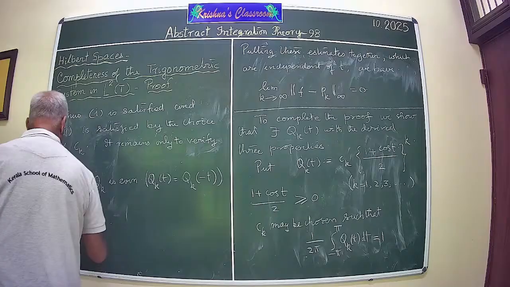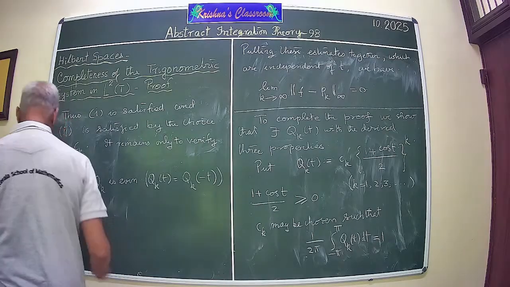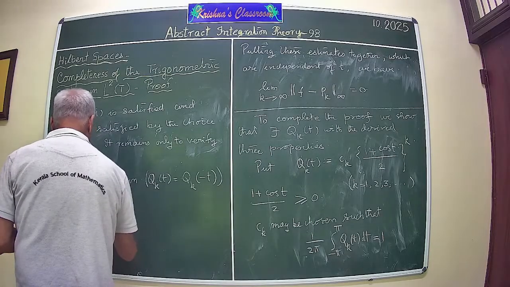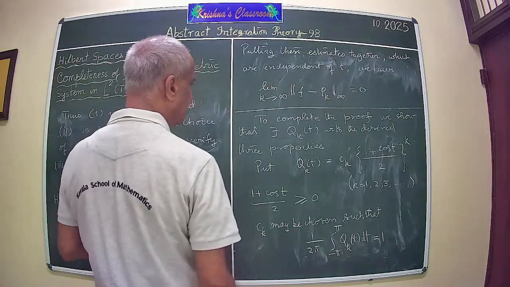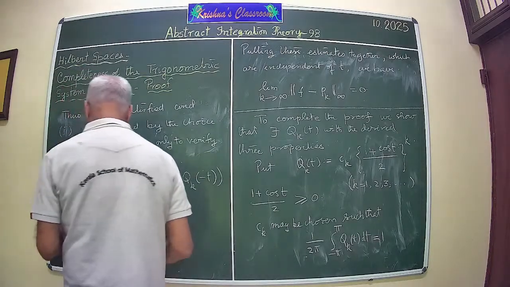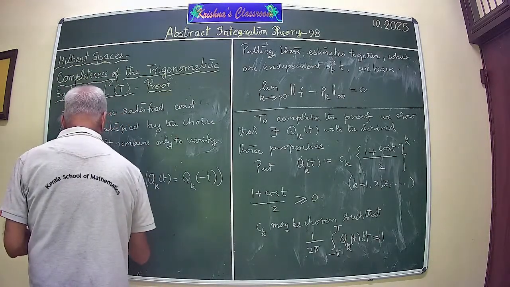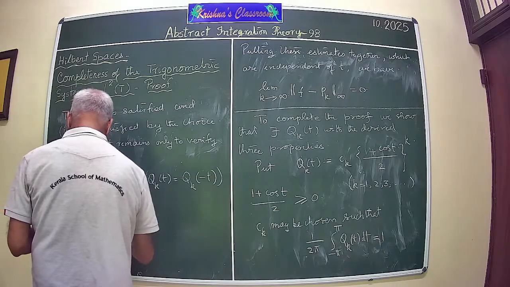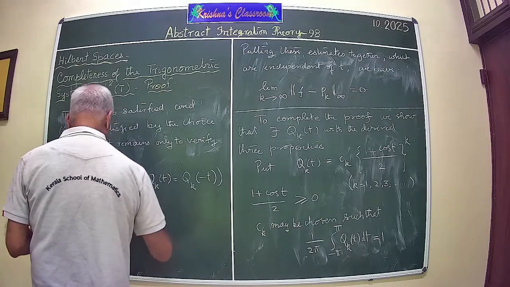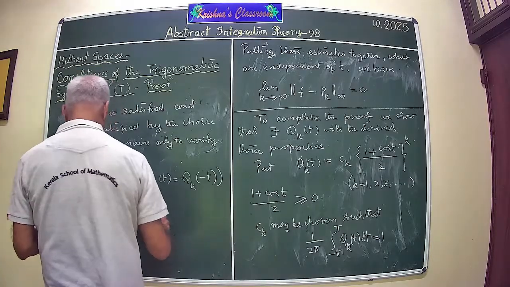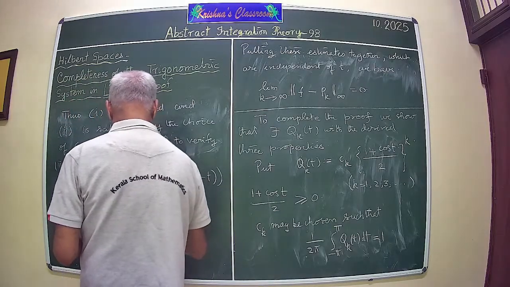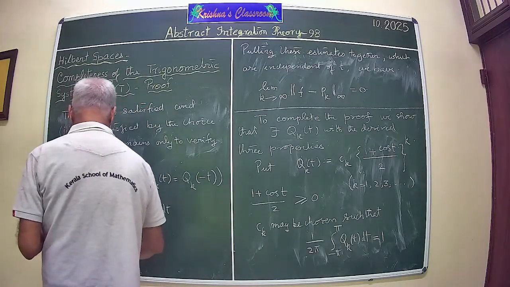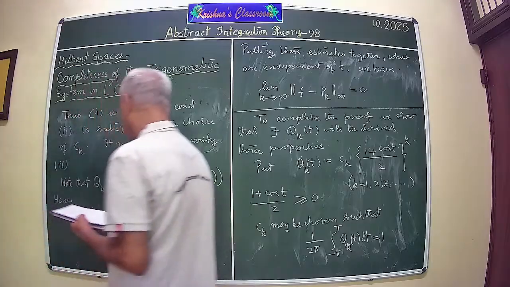Therefore, we have 1 is equal to ck by pi integral minus pi to pi. Okay. So what happens? The 2 pi is there. So this is even, therefore this is equal to this one.